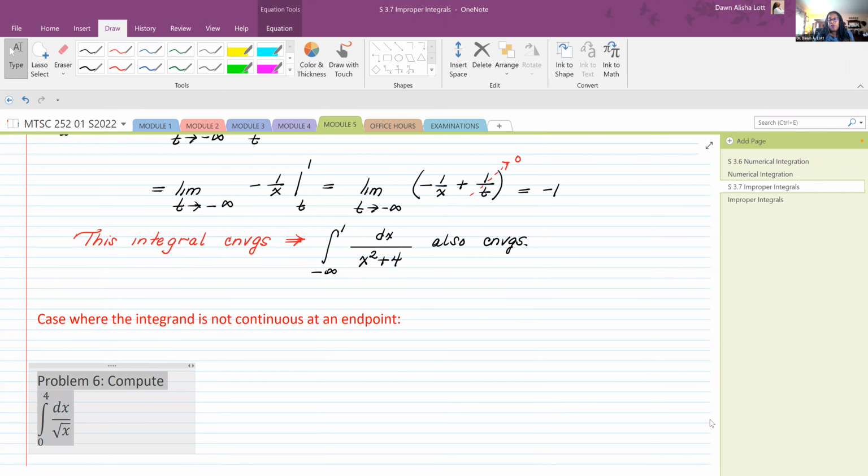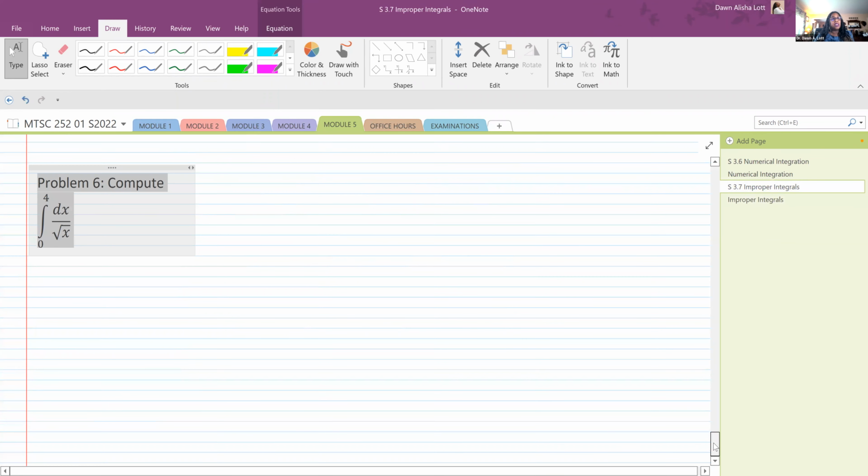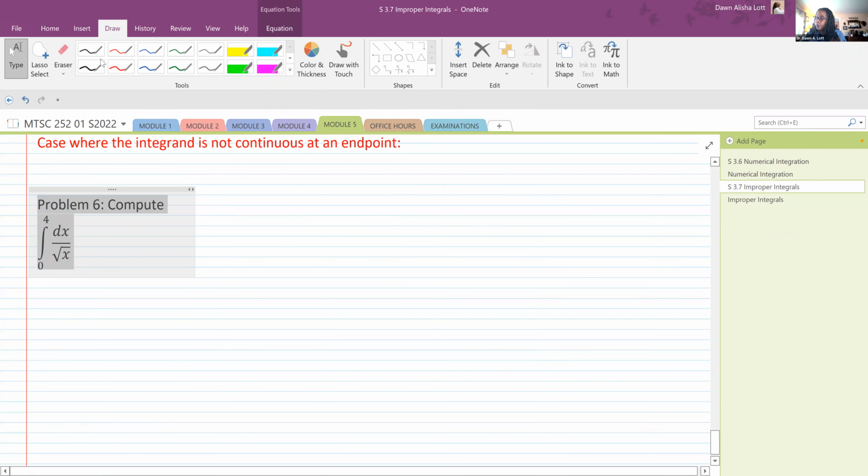So note 1 over the square root of x is not continuous at x equals 0.